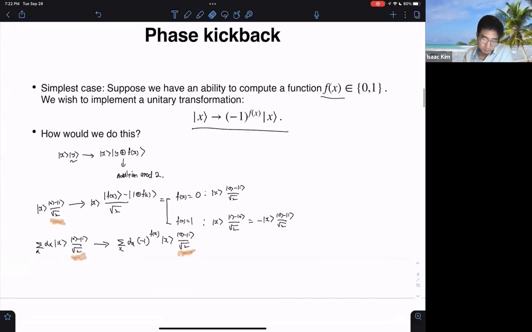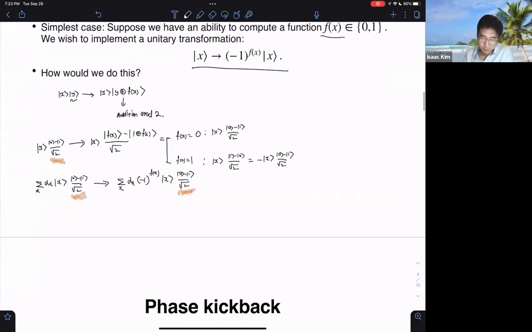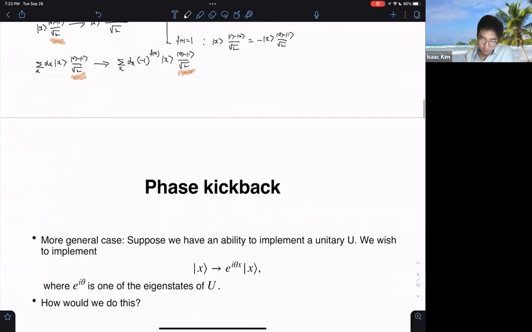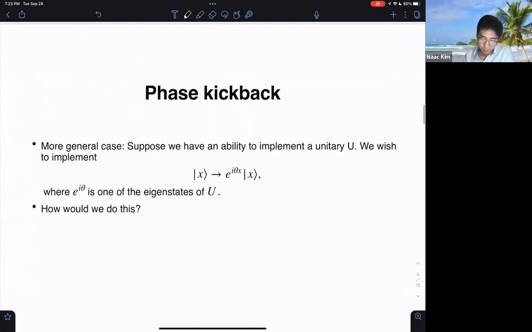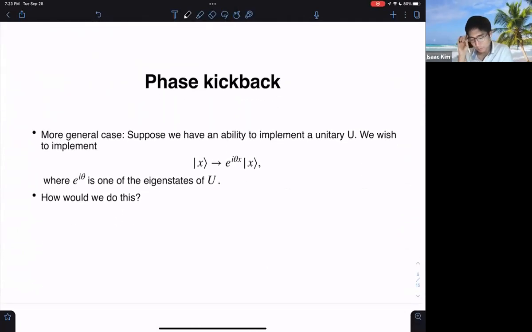And I hope this example was completely clear, because now I'm going to tell you about the more general version. More generally, what we would like to do is that we want to have an ability.